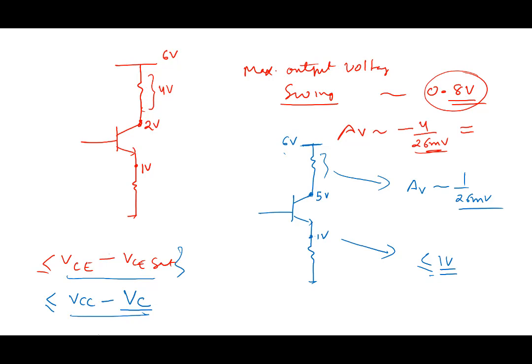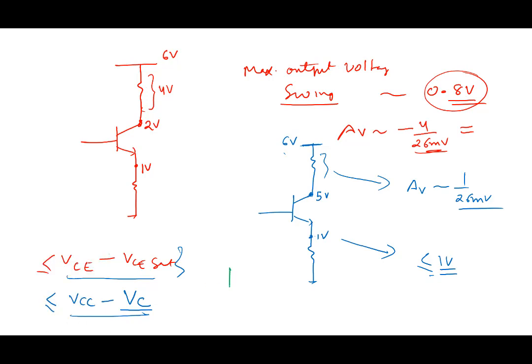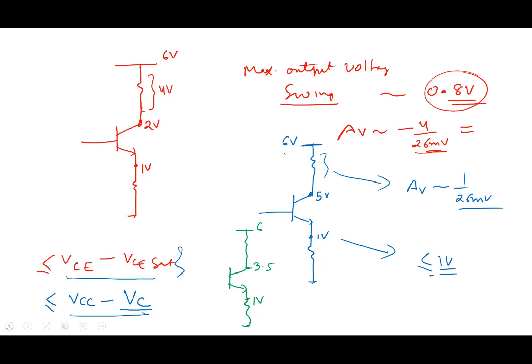Another person does this. Do you think this is a better design? Another person gives equal importance maybe to both of them. So he sets 6 here, and if this is 1, maybe sets it at 3.5. What do you think about this design? 6, 3.5, 1.